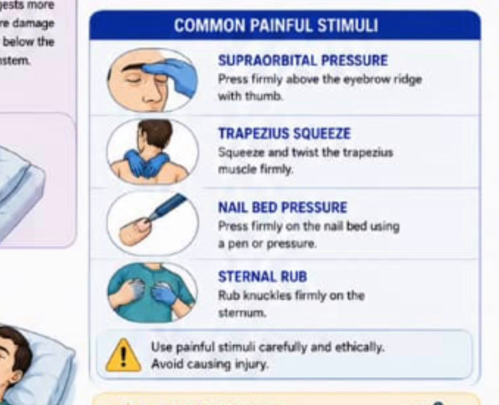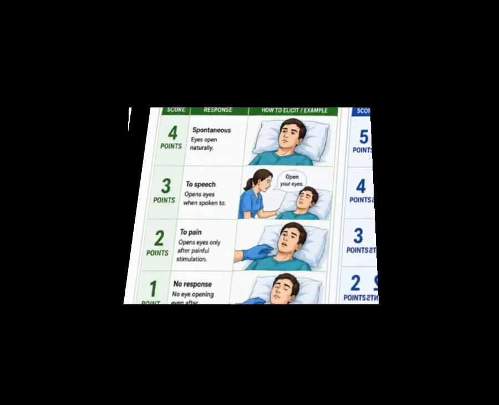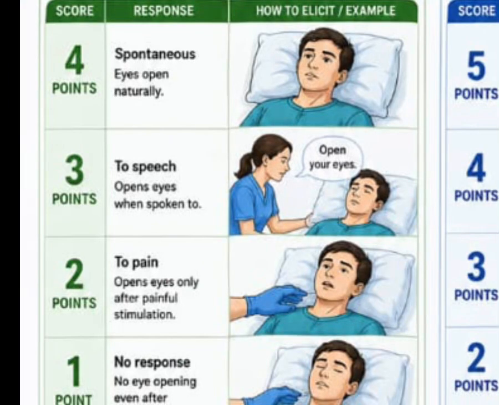Number 2, now maybe you inflict pain on the patient and the patient opens his or her eyes. If you inflict pain on the patient, or you shout the patient's name, he or she doesn't open. Maybe you are doing your rounds, or the patient came in and you introduce yourself and you are talking and the patient's eyes are still closed.